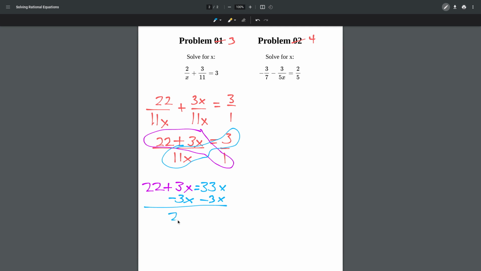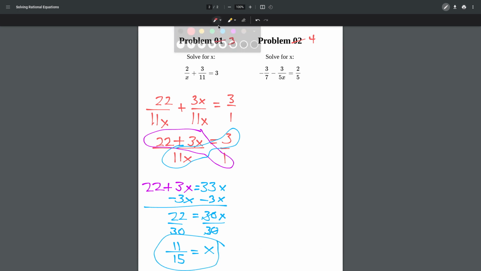And I'm going to get 22 equals 30x. I'll then divide both sides by 30. Both these are divisible by 2, so I can get 11 over 15 equals x. And that's as far as I can go with that one. So that's the answer to number 3.